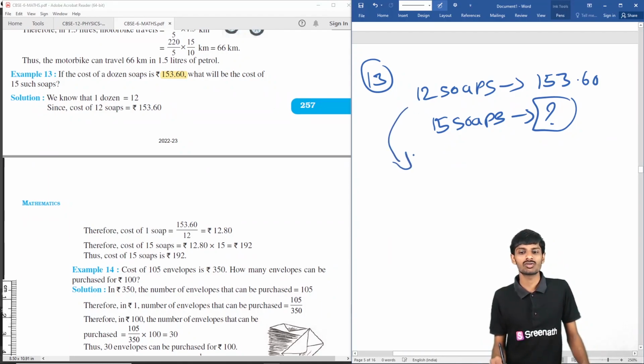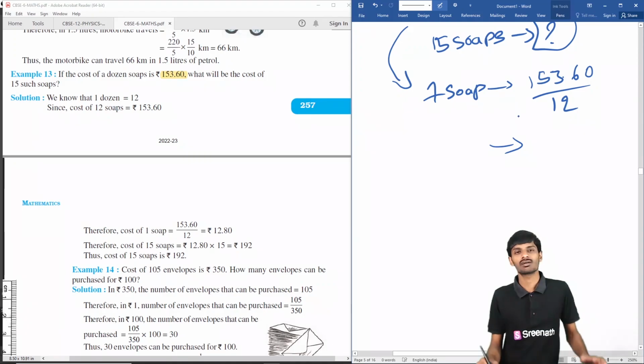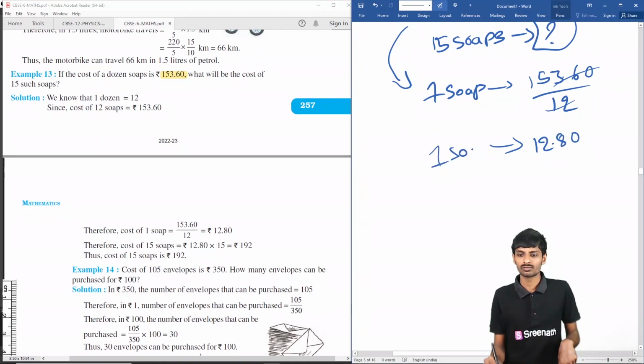So you have to find out the cost of one soap. One soap cost is 153.60 by 12. So if you do like that, you will get the cost for one soap. By doing the division, you will get 12 rupees 80 paise for one soap.